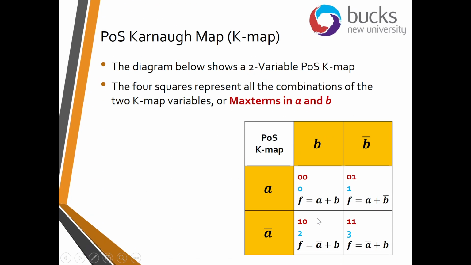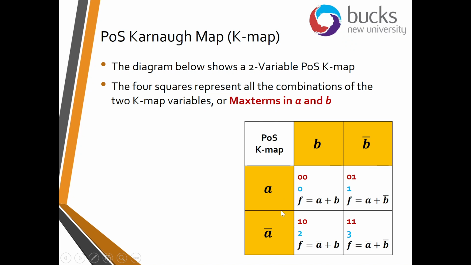For products of sums, we can do exactly the same thing, but this time we're looking for zeros. So we start with just the two inputs again, A and B. This time, of course, we're going to start with A or B. And again, that would be 0 or 0. So 0, 0 goes in the top left corner, and we go down to the bottom right corner where it's all ones.